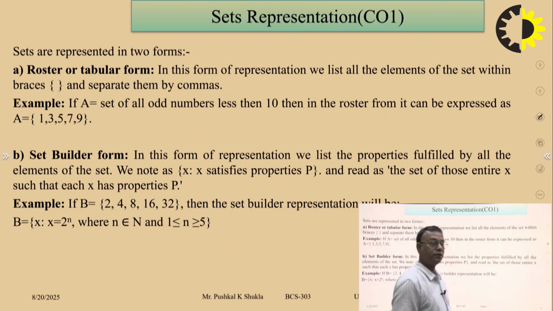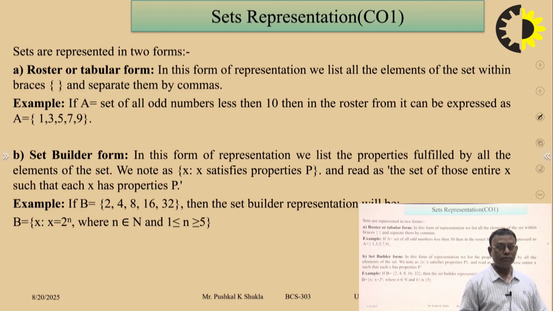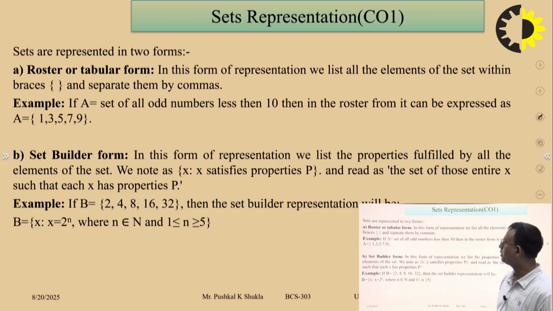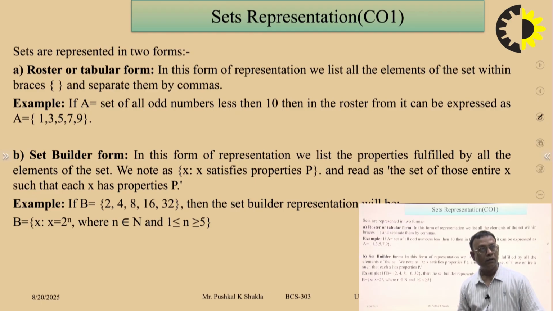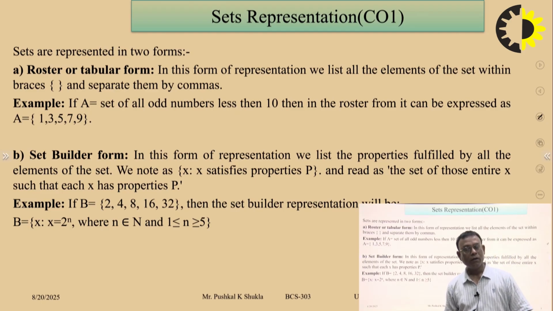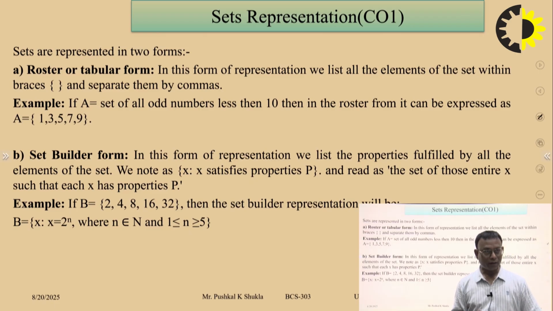Set representation. Two types of representations are there. The first one is roster or tabular form and the second one is set builder form. In roster form, we list all the elements of the set within braces and separate them by commas.